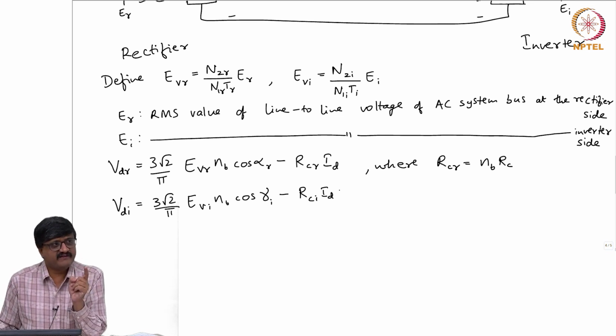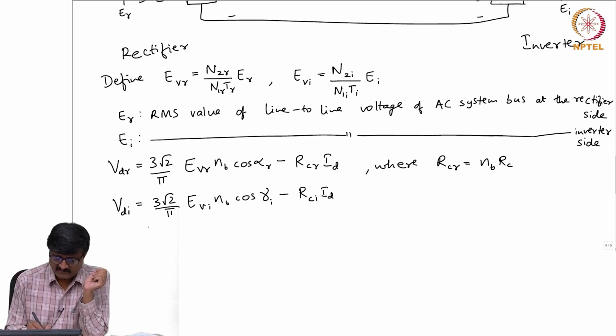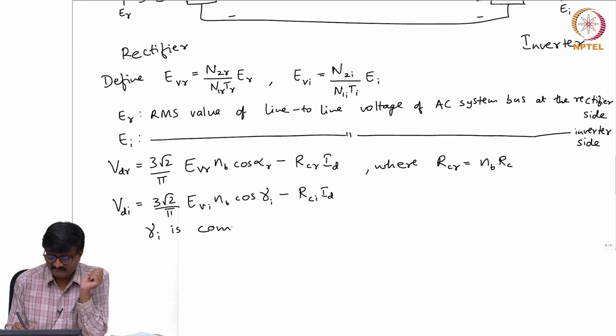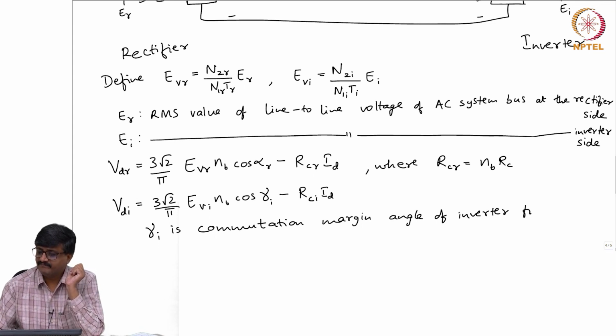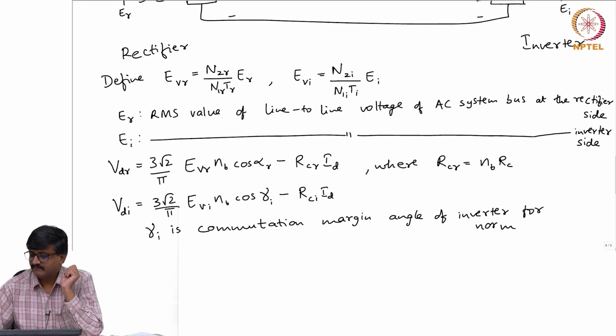For normal operation, whenever alpha is greater than 120 degrees for the inverter, gamma I is the commutation margin angle of the inverter. So, normal operation means alpha greater than 120 degrees.